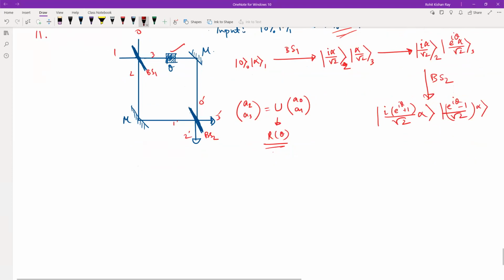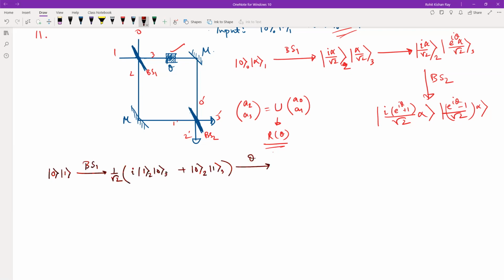And for the single photon case, what we get is similarly plus beta 1. So the single photon case is an either-or case, either this port or that port. If you see, that is satisfied here, then the theta operation.